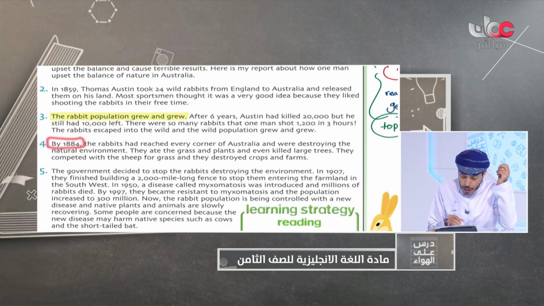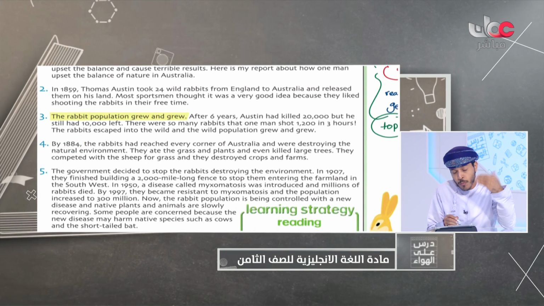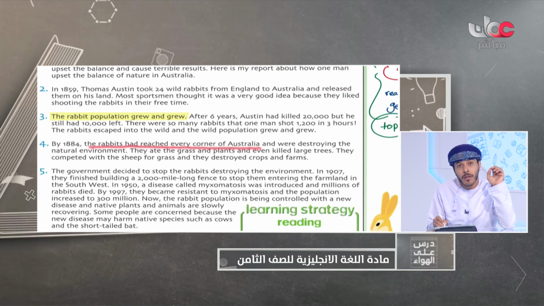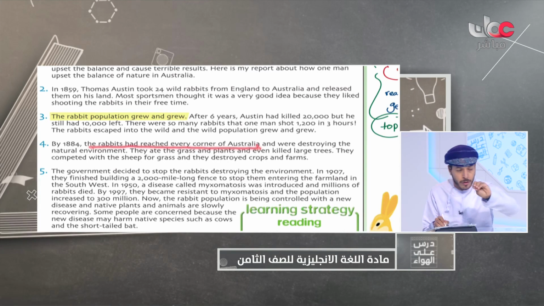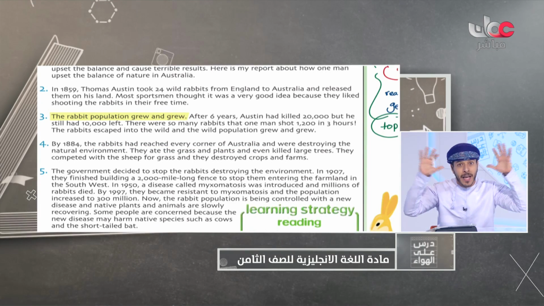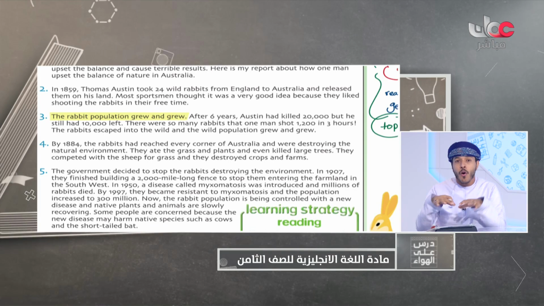By 1884, paragraph number 4, I'm talking about the topic sentence specifically. In 1884, the rabbits had reached every corner of Australia. Have reached every corner of a room, every corner of Australia as a country, every corner of Oman.